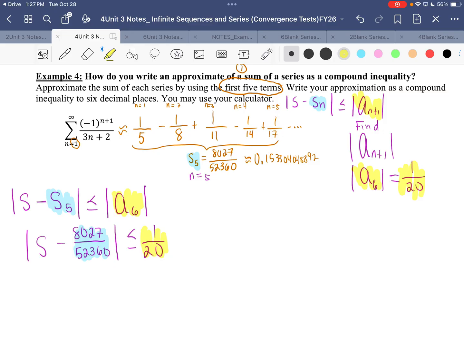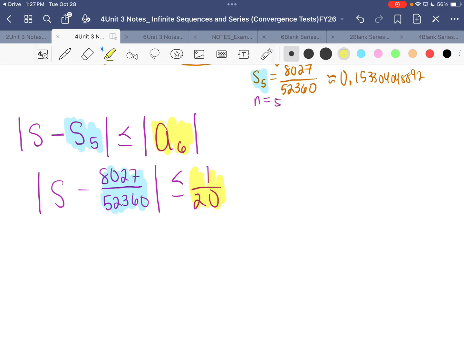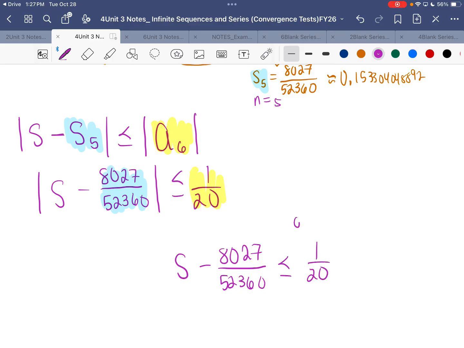And we want to solve for S. So this is going to tell us, within the first 5 terms, how accurate our sum is to the actual sum of this series. When we solve absolute value inequalities, you need to have the original way that it looked, and you need to have the opposite.